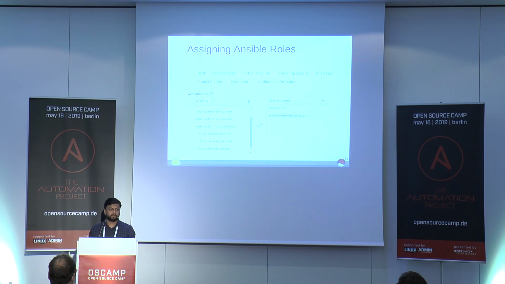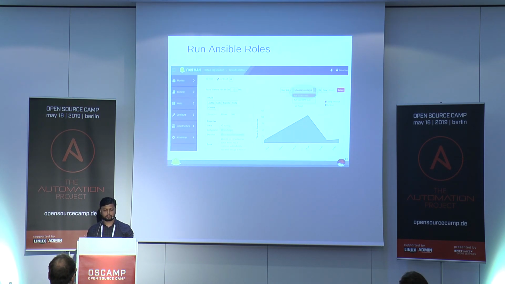You don't need to care about inventory files or about playing manually with it. You can do everything from the Foreman UI. Once you have assigned those Ansible roles to a particular host, you can run them from the UI.